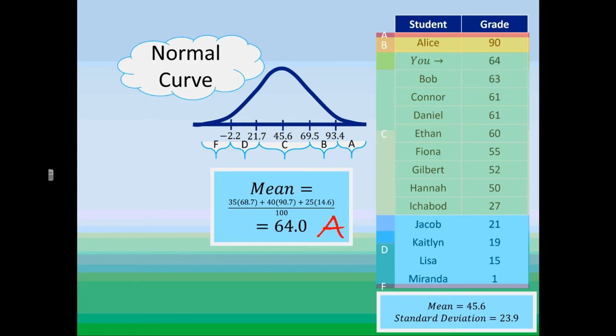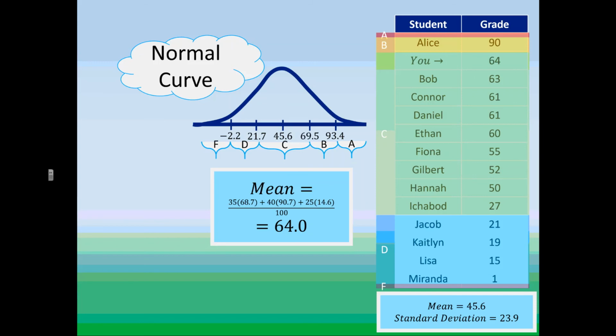In this class, it's almost impossible to get an A. It is definitely impossible to get an F because no one can be that far away from the average to get an F. So that's how the normal curve works.